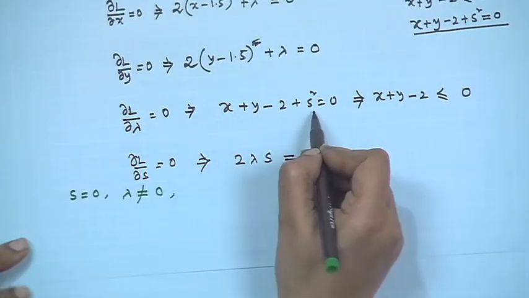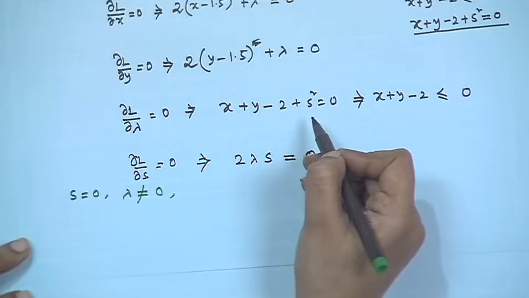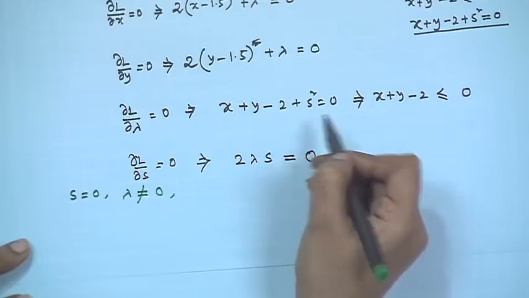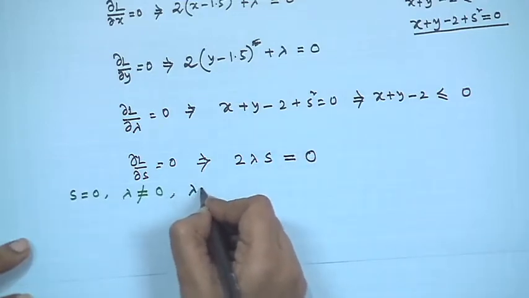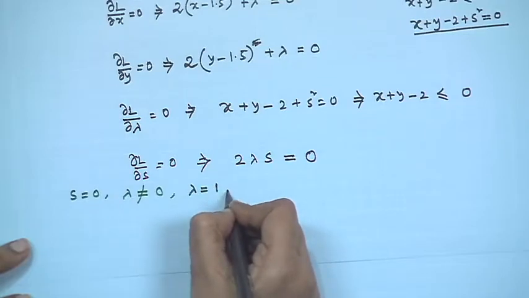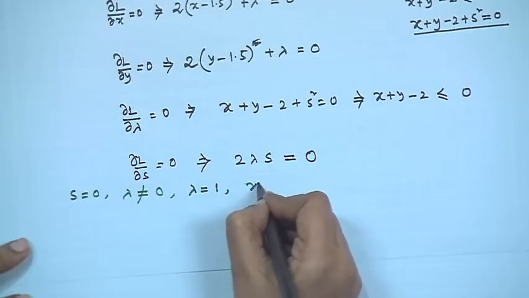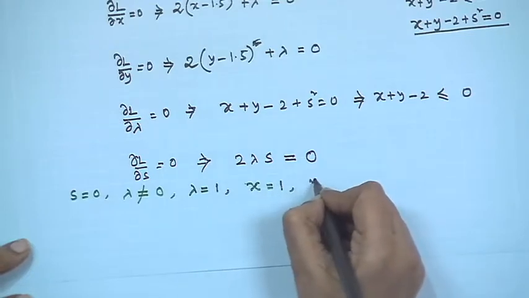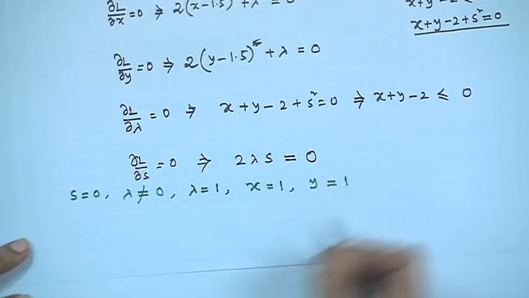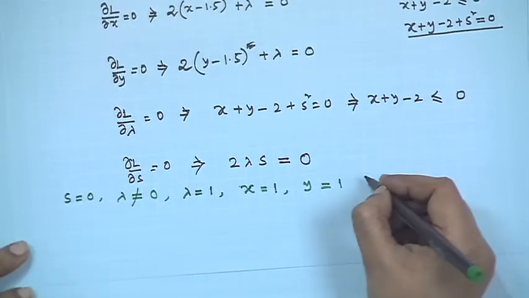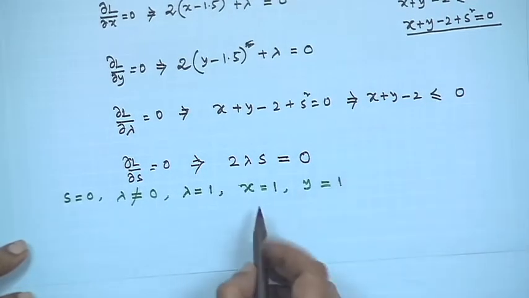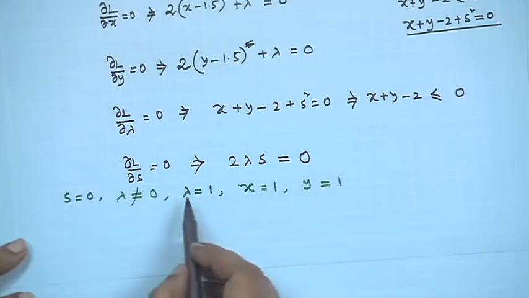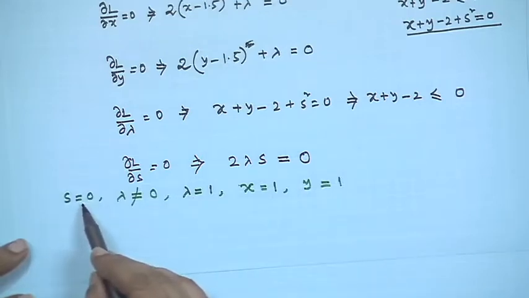If we consider x in terms of lambda and y in terms of lambda, and substitute these here with s equal to 0, we will get one equation in lambda only, and from here we will get lambda is equal to 1. If lambda is equal to 1, we will get x is equal to 1 and y is equal to 1. All right. And that is why my solution would be x equal to 1, y equal to 1, lambda equal to 1, s is equal to 0.